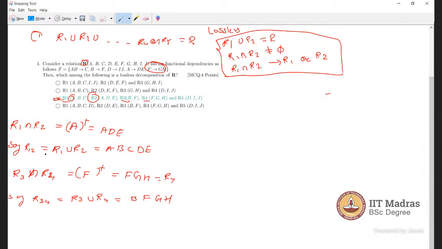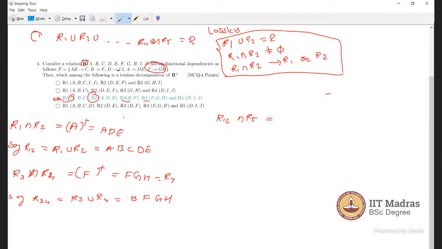Either you can take R1 intersection R5 or R3 intersection R5. If I take R3 intersection R5, there is no common attribute, right? So we can take R1 intersection R5. But can we pick anything randomly, like 1, 2, 2, 3, 3, 4, and then form an intersection?